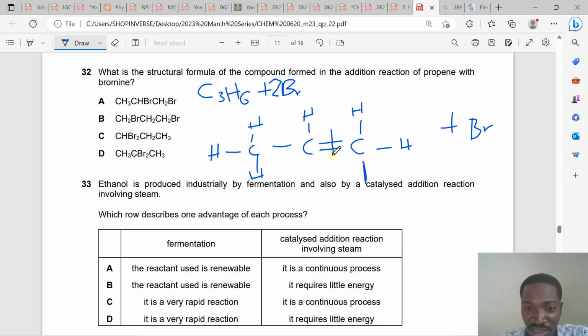If you are breaking this double bond and turning it to a single bond, as you are adding something here, something must also be added to this. Take note that the oxidation number of carbon here is -4, so you have to add one here also. So there will be bromine here, and there will also be bromine here. So this should be balanced.